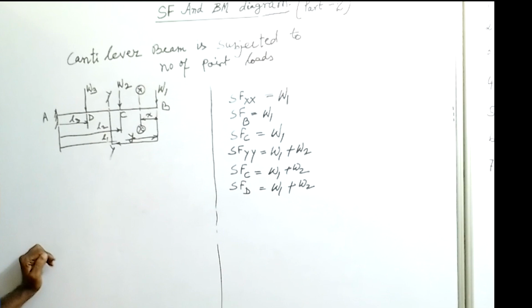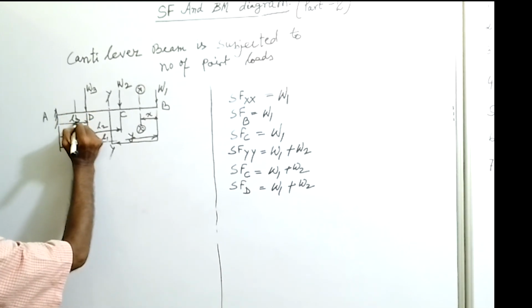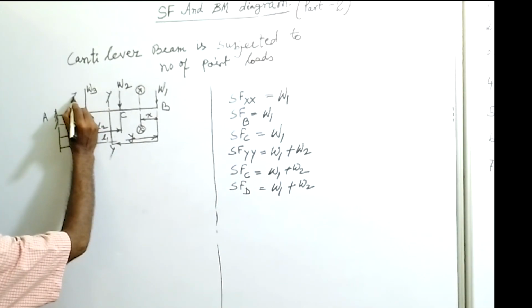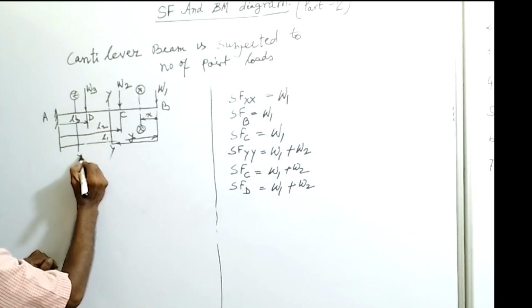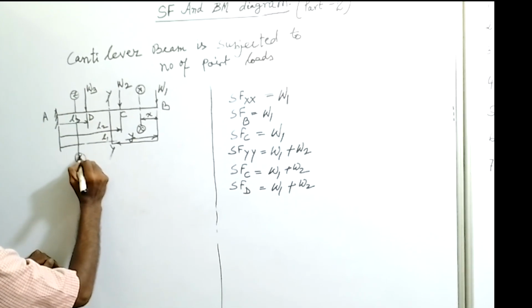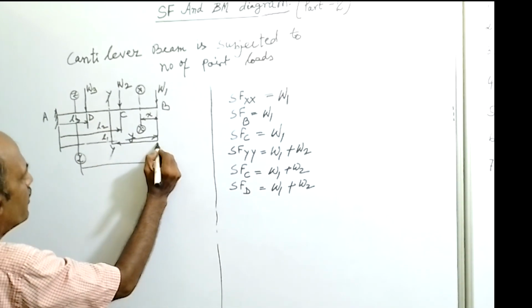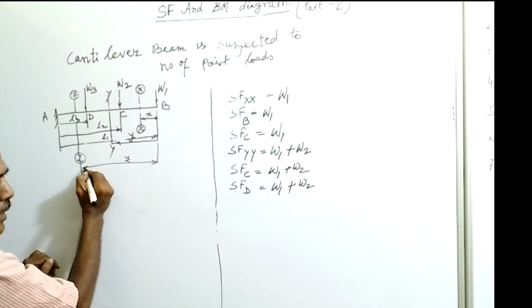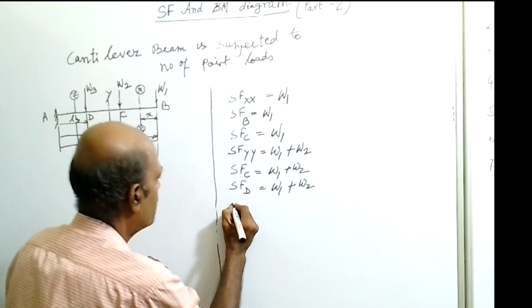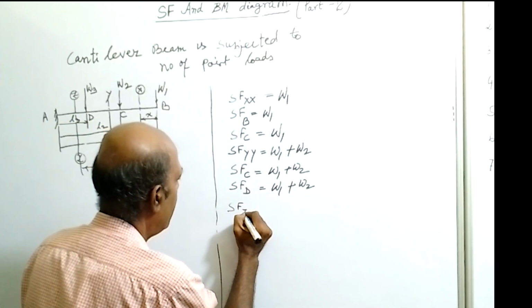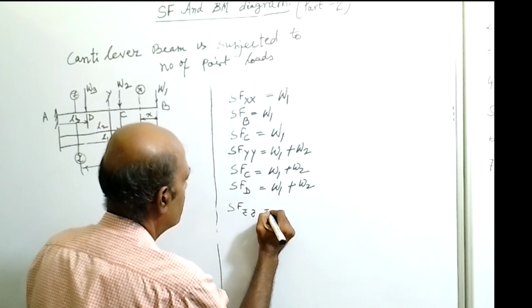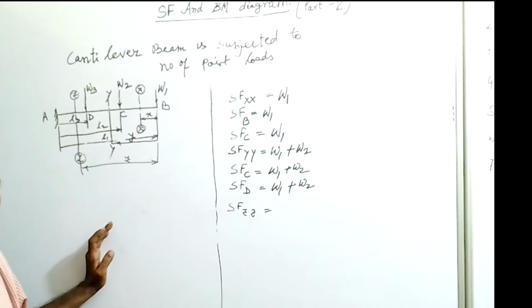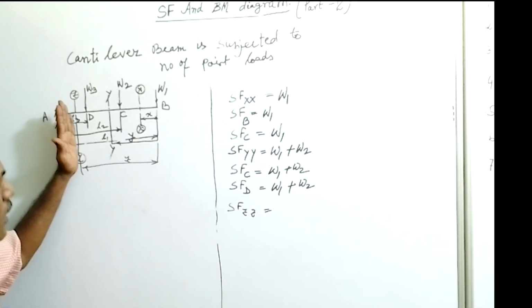Now take another section here, the ZZ section, which is at a distance Z from the free end. We will find the shear force at ZZ.